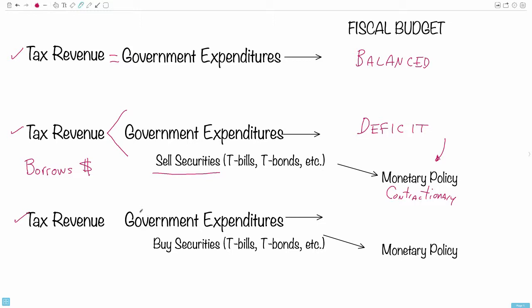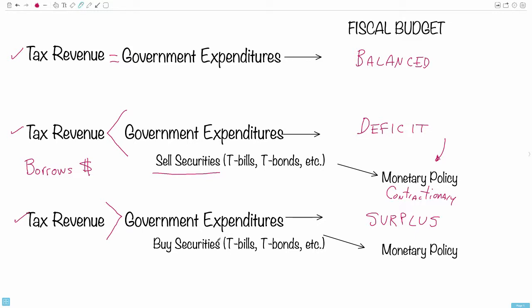Now, of course, it is also possible that in a different year, the tax revenue collected by the government is larger than government expenditures. And of course, we say that the fiscal budget now is at a surplus, right? Now, what happens in this case?